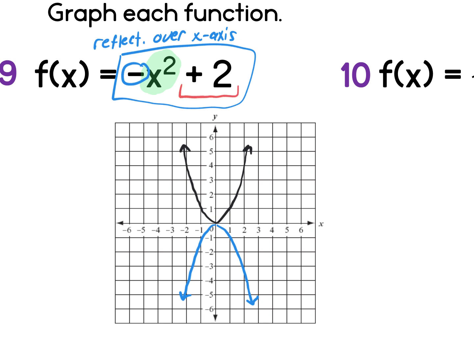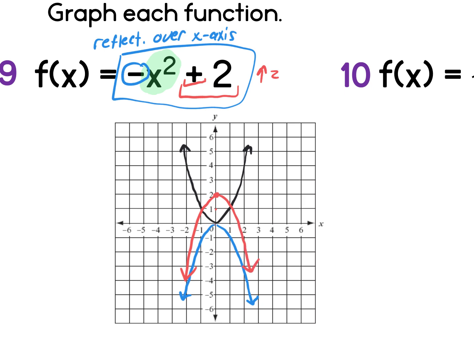Well, we learned in the previous lesson that a plus 2 on the outside of your parent function is going to be a vertical shift. And if it's a vertical shift, then the sign in front of your number tells you what to do. It's going to go up 2 units. So take every point that's in blue, and you're going to shift it up 2 units, and it's going to start right here, and then from here it's going to go down.